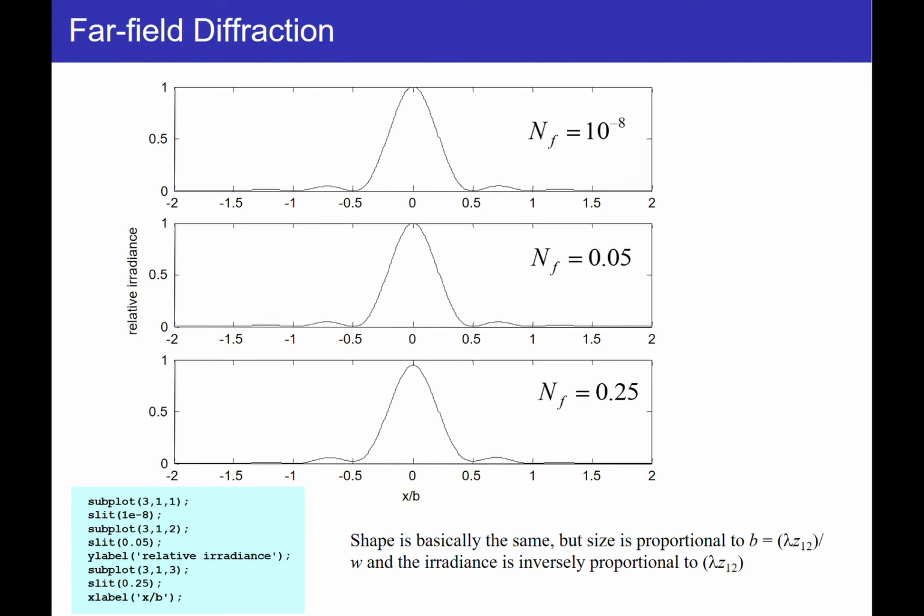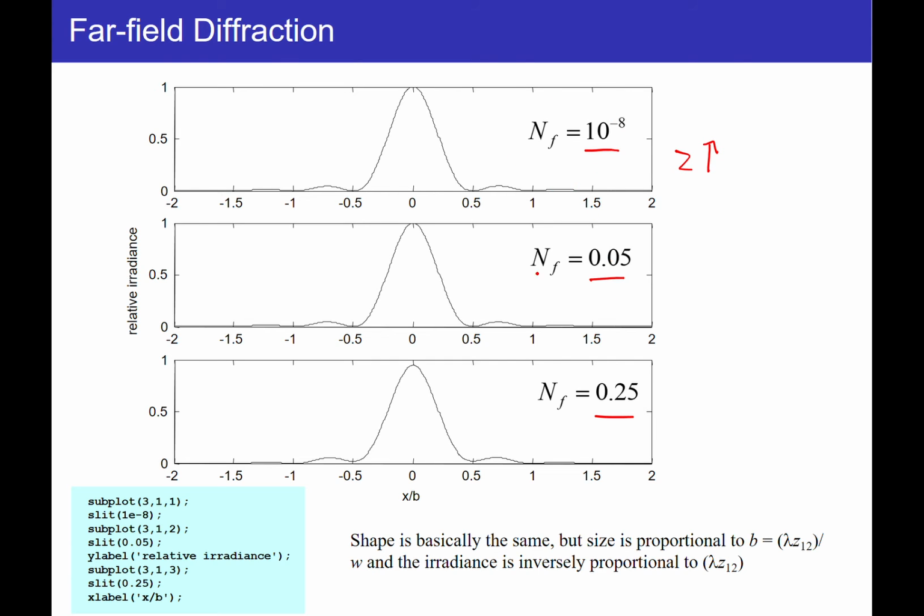Okay. And then if we reach an even smaller number, 10 to the minus 8, 0.05, 0.25, if you look at it, it's all the same. But remember that the intensity will go down as z increases.